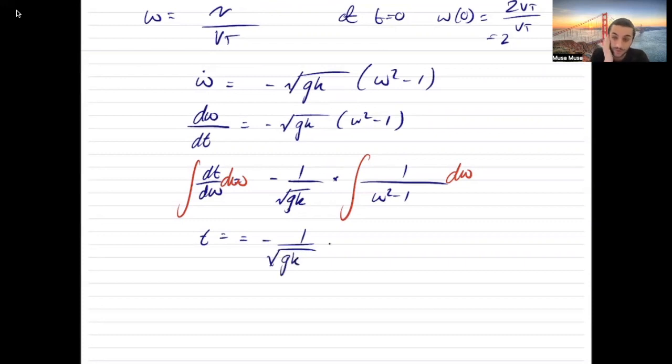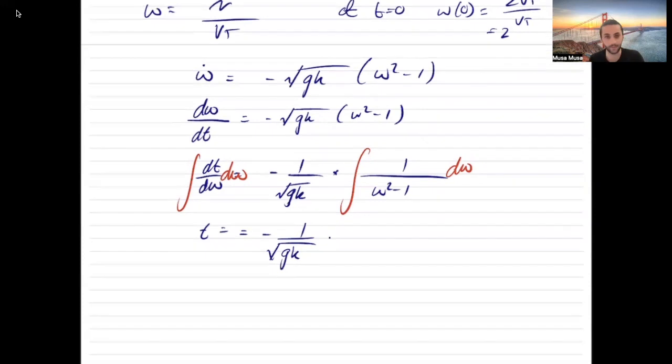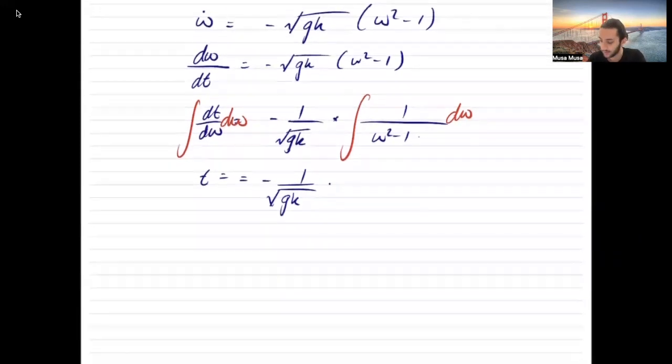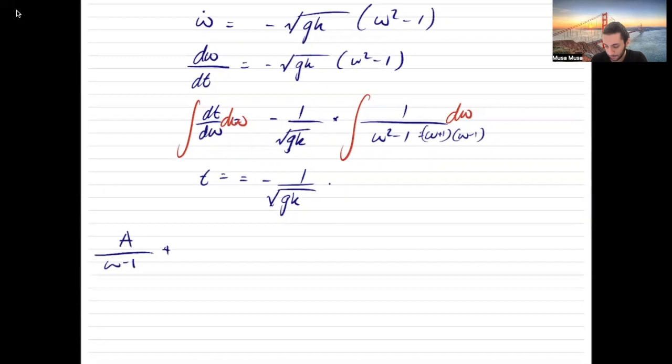Now we have to do partial fractions on this. Obviously, this is (w plus 1)(w minus 1). Multiplying by the denominator, we get a(w plus 1) plus b(w minus 1) equals 1.